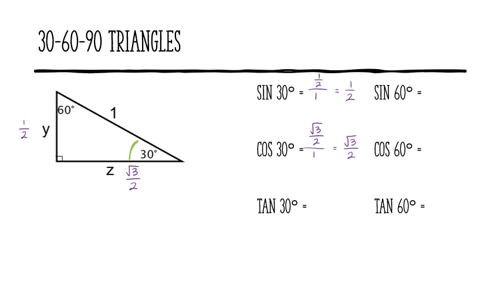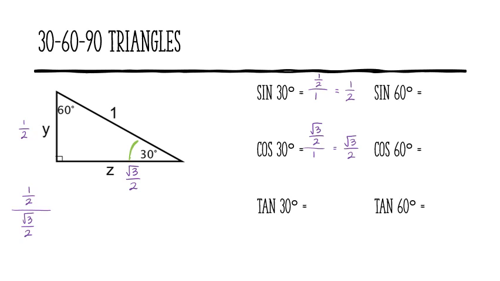Now the tangent, this one's maybe a little bit more complicated. The tangent is going to start with the opposite, that's 1/2. I'm going to do this work over here actually. 1/2 over the adjacent, square root of 3 over 2. Now this is a complicated looking fraction.